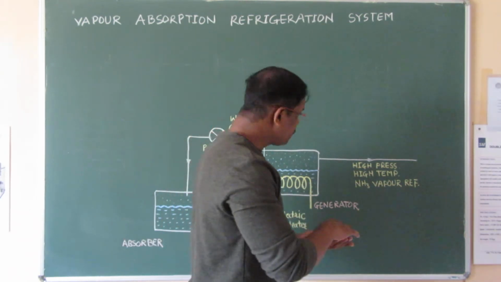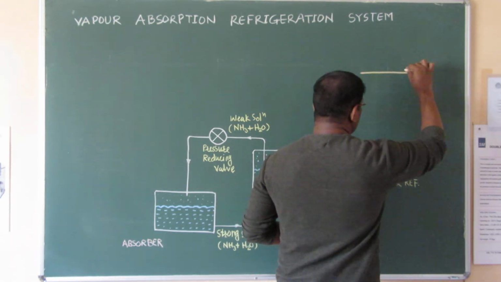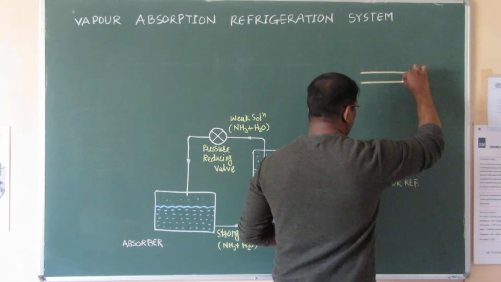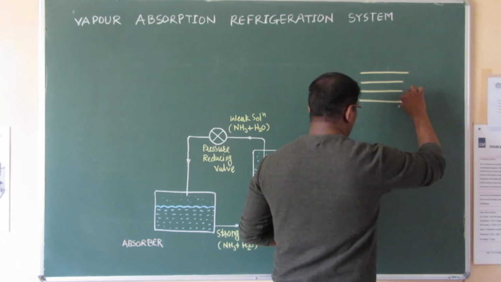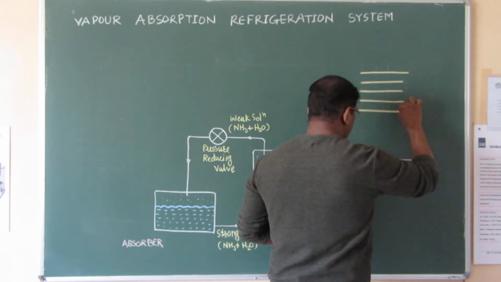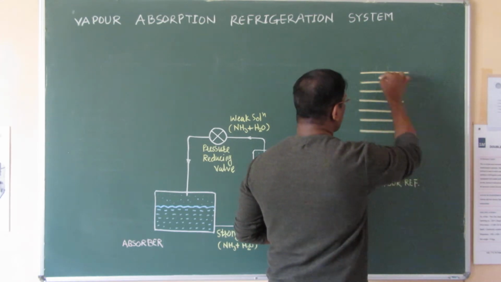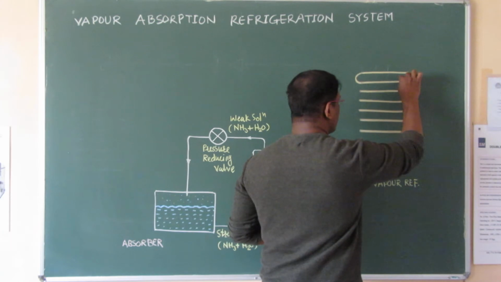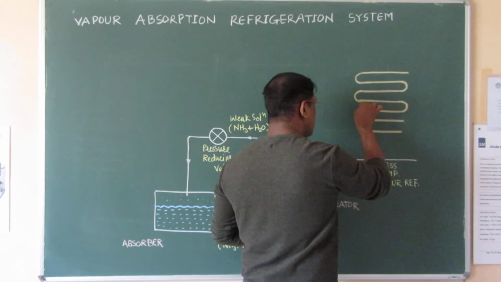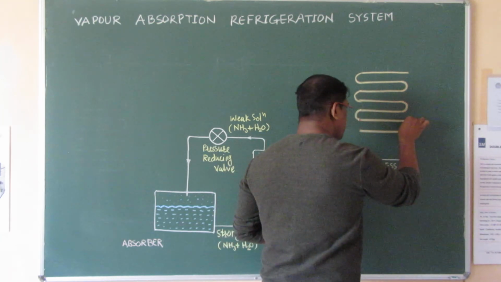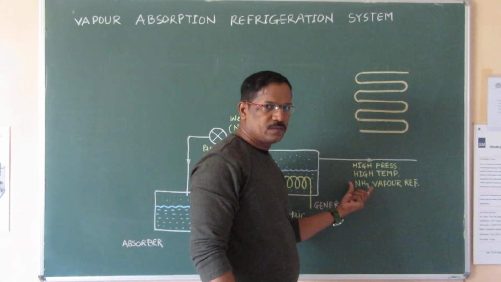Now the condenser unit is a tube structure through which this refrigerant is passed. So draw a schematic like a tubing section. These tubes are not sufficient in providing the surface area to cool down these high temperature vapors.